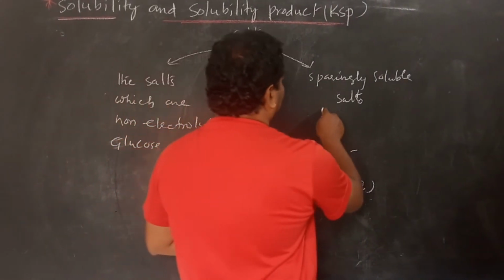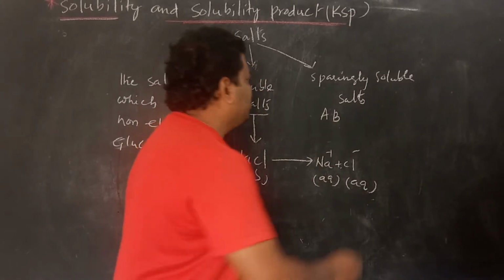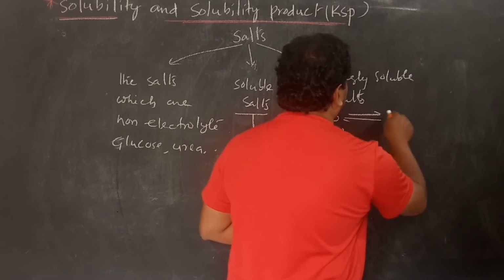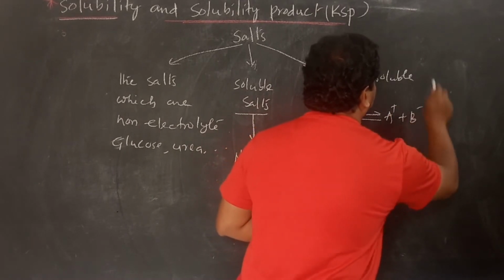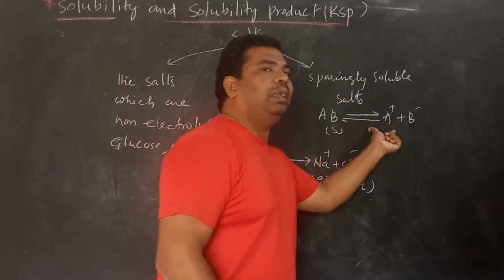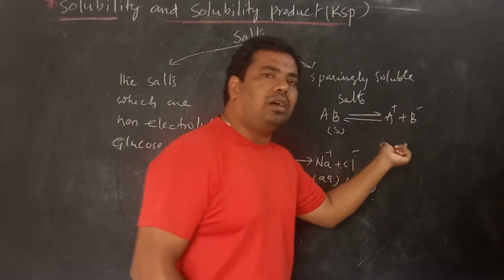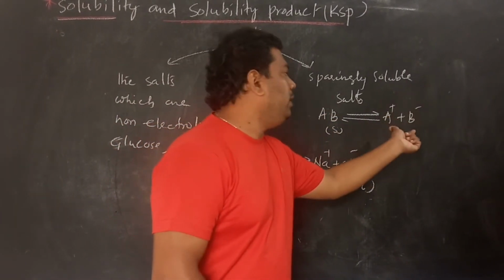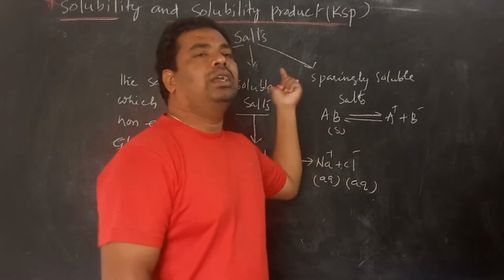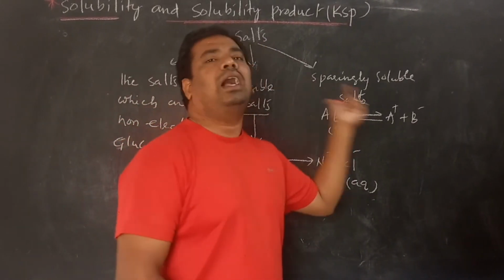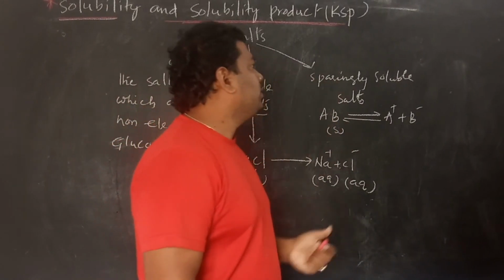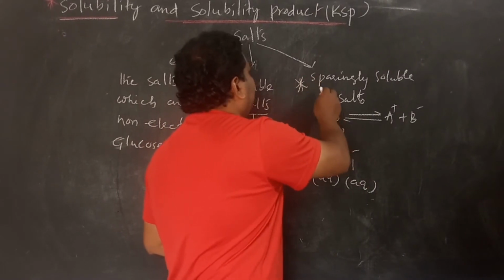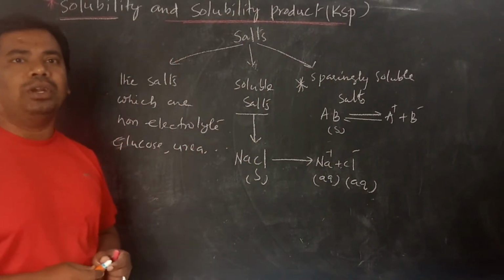For example, we take AB, a salt which is present in solid form, and it forms an equilibrium with A plus and B minus. So it is not completely dissociated. A very small amount of salt is dissolved in water and the remaining amount of salt is present in solution in undissociated form. Then we can say it is a sparingly soluble salt. This is very important in solubility and solubility product.